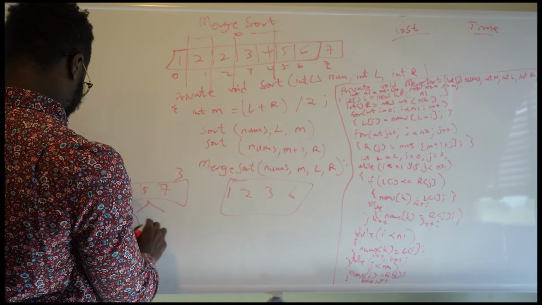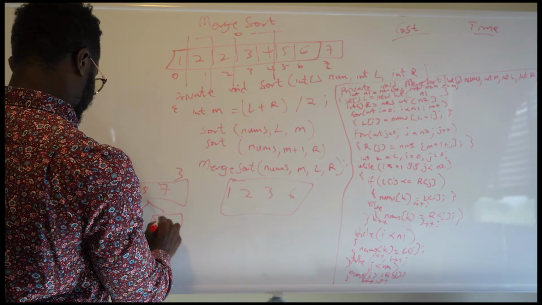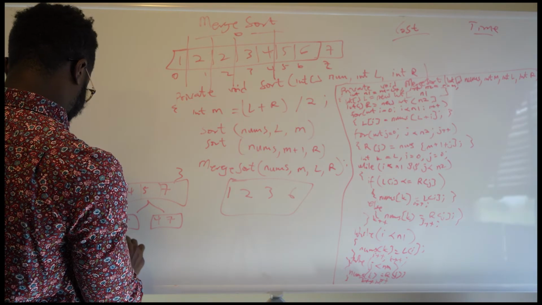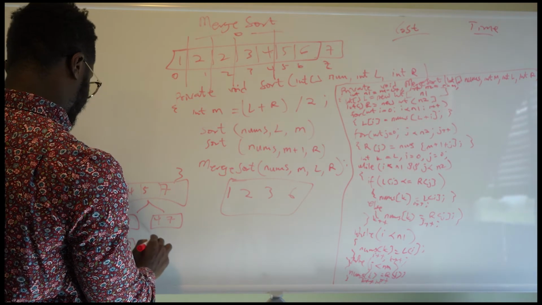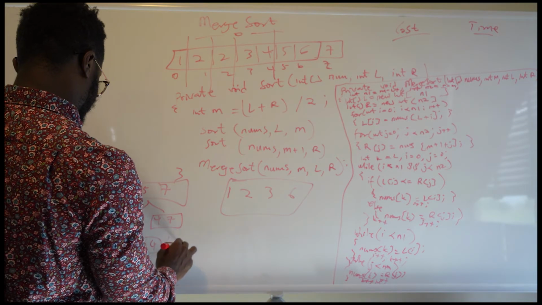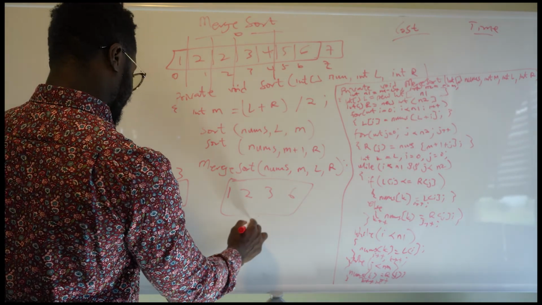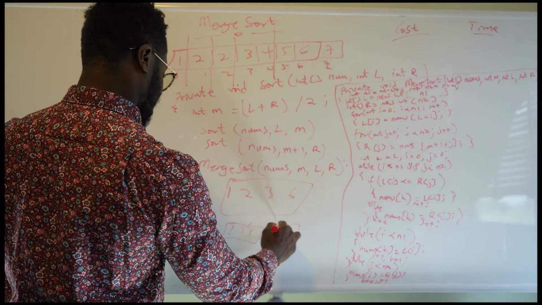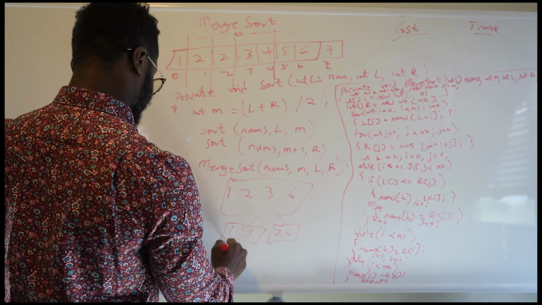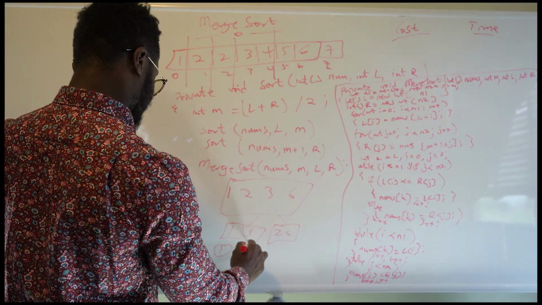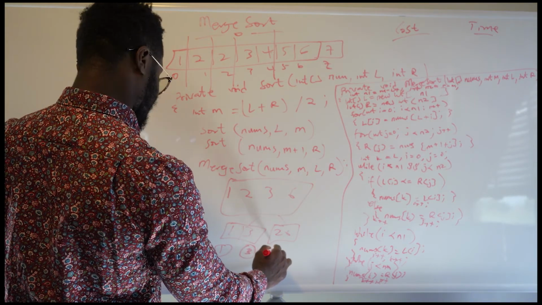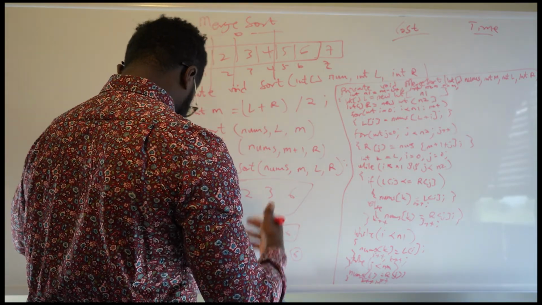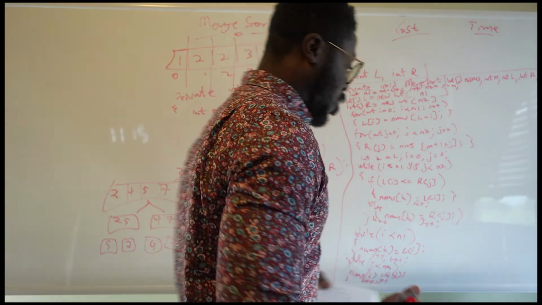Then 2, 5, 4, 7. 5, 2, 4, 7. It does this 1, 3, 2, 6. 1, 3, 2, 6. And that is how it goes.